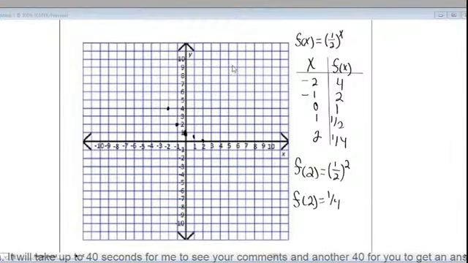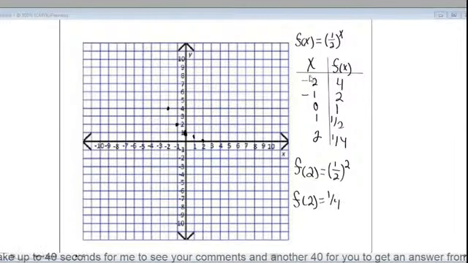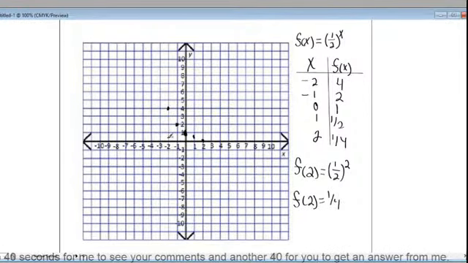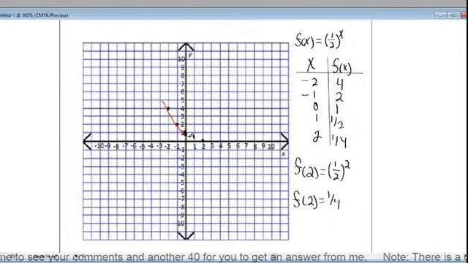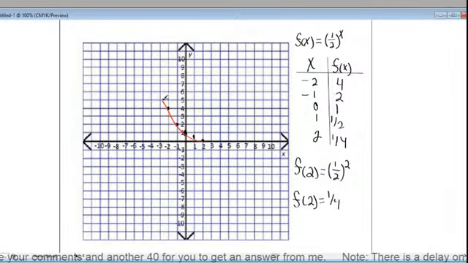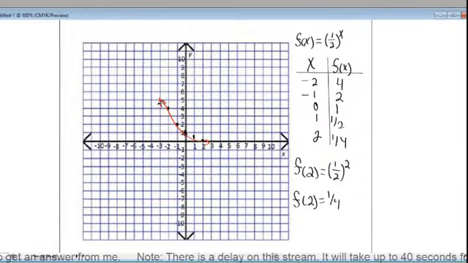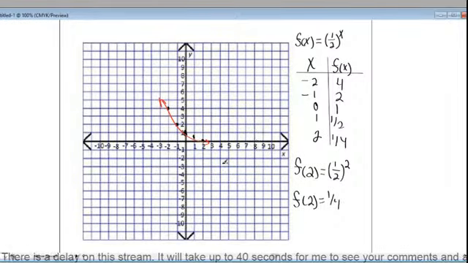So if we think about our original function that we did in the beginning of class today, this is the same function, but it slopes in a different direction. So this fraction here changes the direction that we're going. So instead of exponentially getting bigger and bigger as we go with larger and larger values for x, we're exponentially getting smaller and smaller.